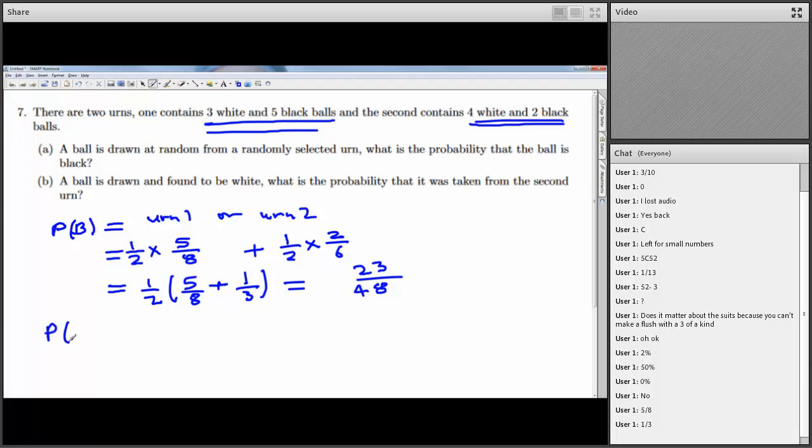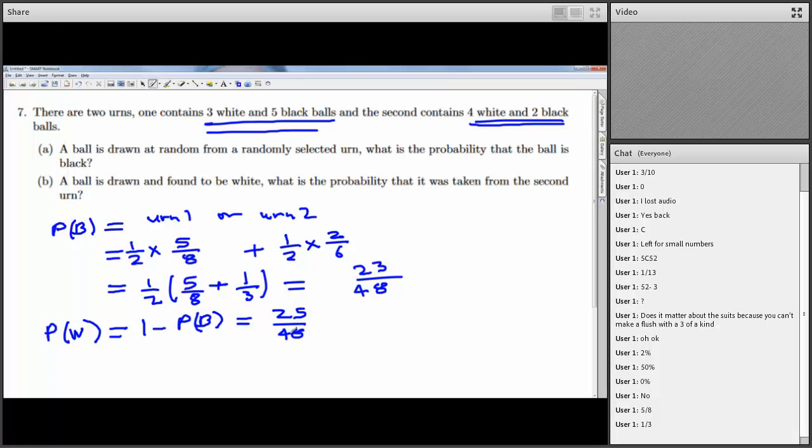The probability of getting a white ball could be done in a really similar fashion, but it's easier to realise that if it's not black, it's white. So if I just do 1 minus this number here, I'm going to get 25 out of 48.